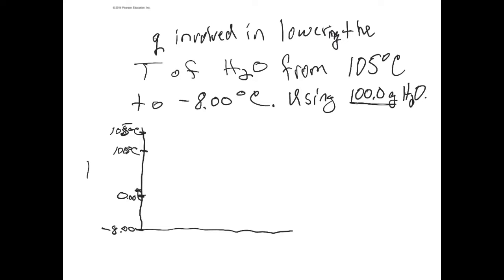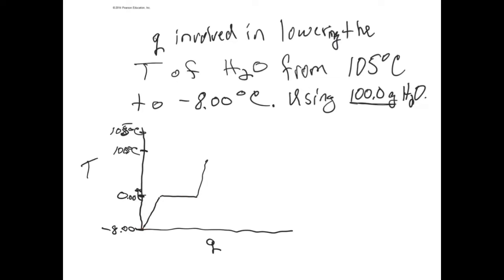Okay, so we have temperature, and first thing I do is I'll assign my phases. And even though we're cooling, I still write it out the same way. I know that I'm going to get some kind of warming up. I'm going to get some kind of phase change, either melting or freezing.